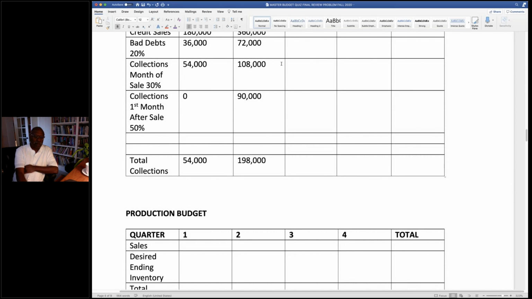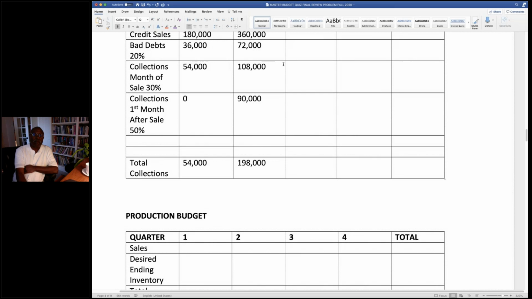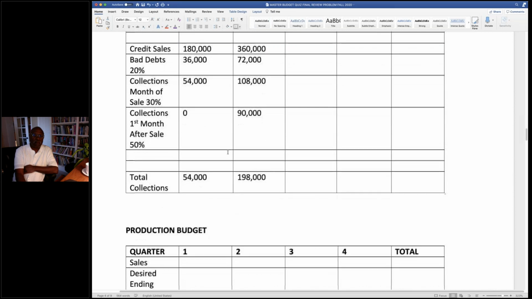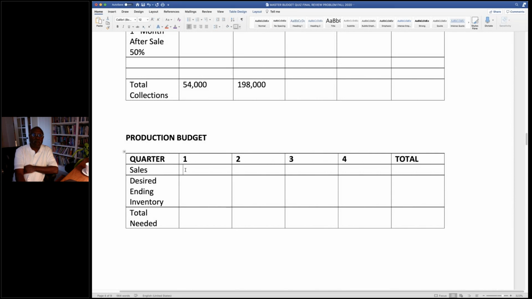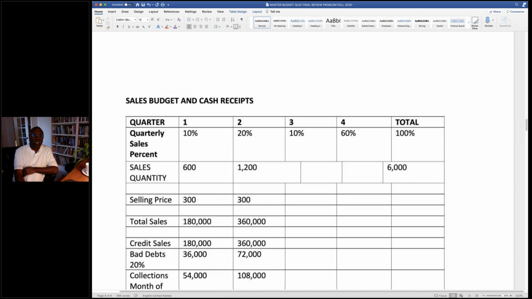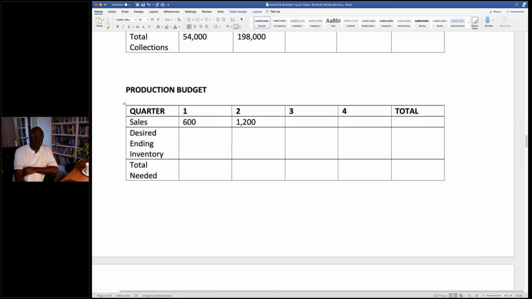Where are you going to get them from? We're going to go right here to the sales budget and copy and paste them. So all you have to do, see that? You've got them here. Come to the production budget and bring them down. How easy is that?